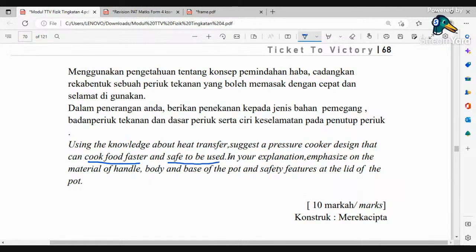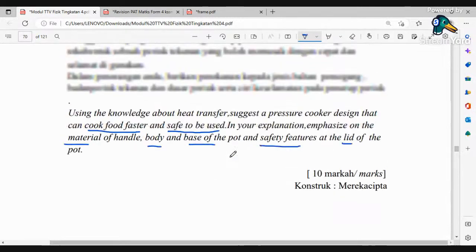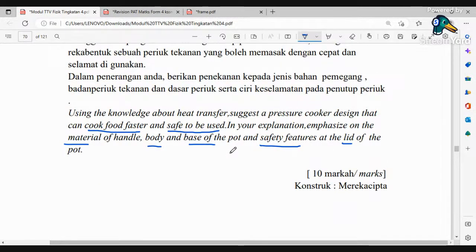In your explanation, emphasize the material based features of the pot. Okay, 10 marks. So for this question I will do it in table form for section C.